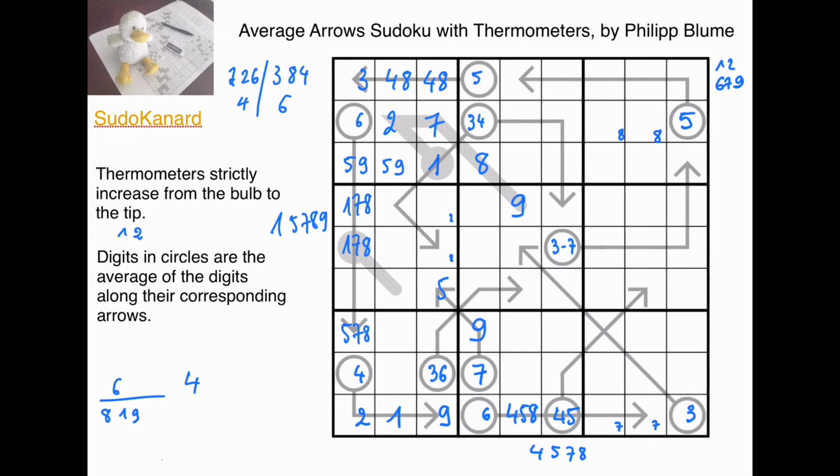I'm going in circles. So there's still the issue of where 9 goes in this box. It's not here, it's not there, it has to be in one of those. 9 here would work very well, but here I stated that it was a possibility. But then, what about this 3?